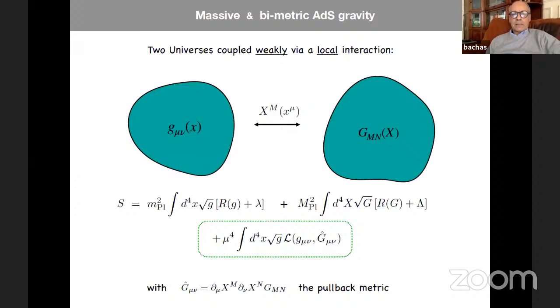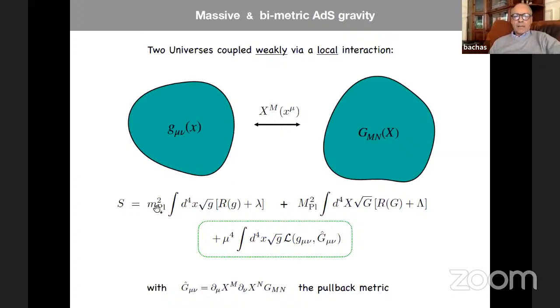So let me start rather unconventionally in a sense by thinking about two universes. The two universes will be eventually AdS plus small perturbations. And I want to couple them via some kind of local interaction.